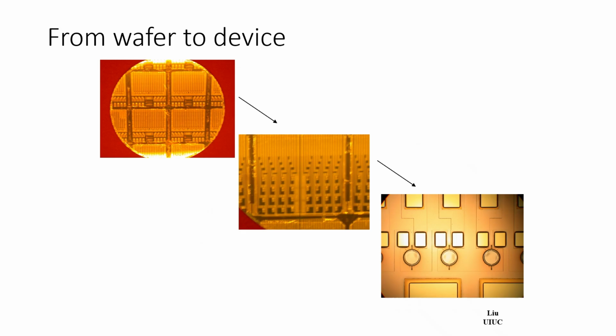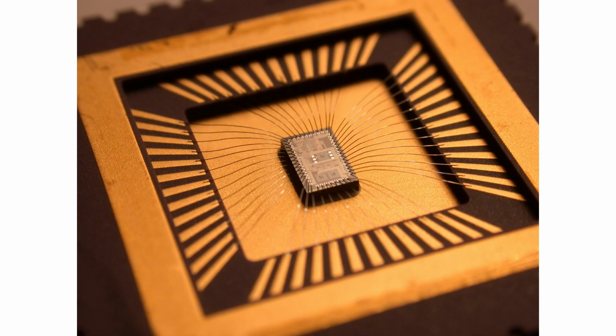Here is a picture of a smaller wafer. This is a 4-inch wafer with only 2 by 2, 4 dies. Each die can consist of many devices, and those are smaller features on a die. This die is packaged.